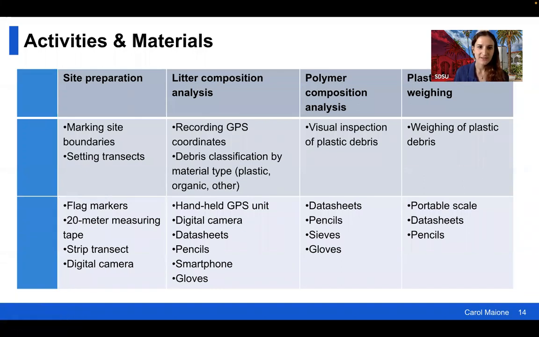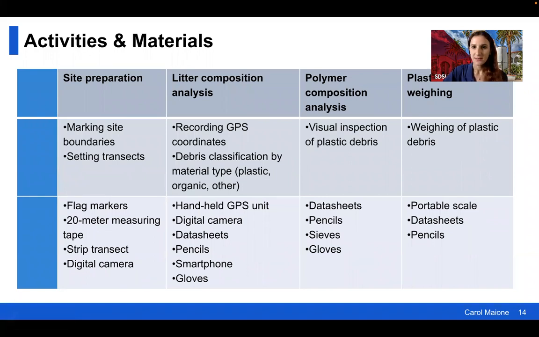So we first prepared the site, setting up several transects. We then asked participants to conduct a litter composition analysis, recording the GPS coordinates of the different litter items and photographic evidence with a digital camera, and recording different information for each item that they found.